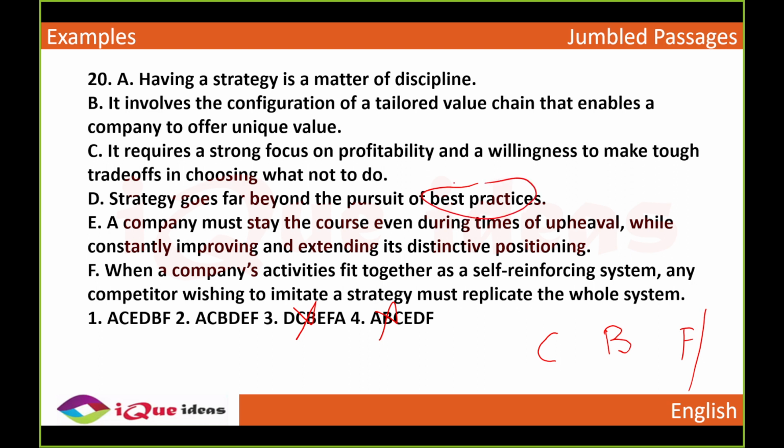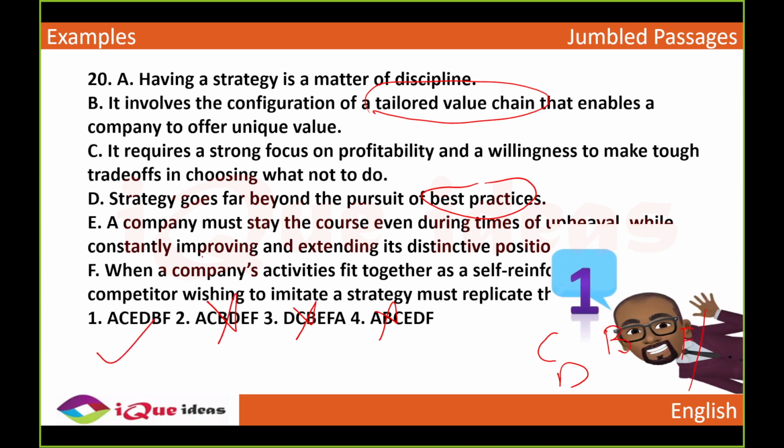Best practices means whatever good things everyone is doing, we will do the same, no. You have to do a tailored value chain. It's not enough you do what is good. You have to do something which is more than good, something which is extremely unique to you. So B should also come after D, right? And if B should come after D, it leaves me with only the first option. So option A remains my best answer.